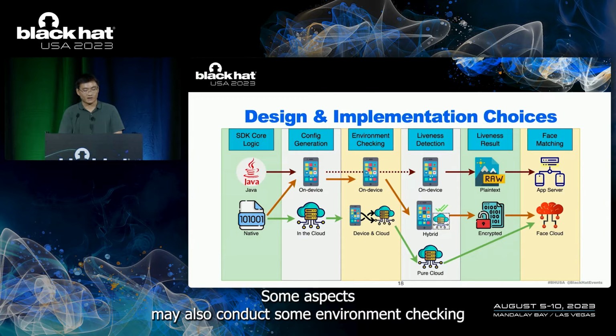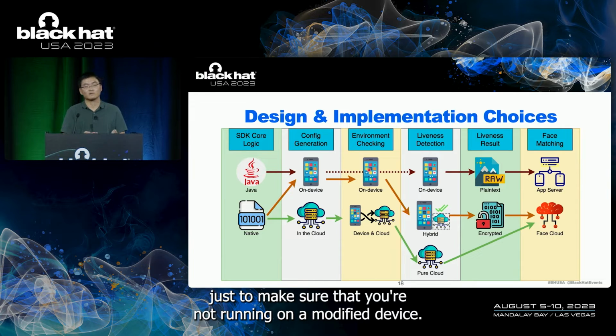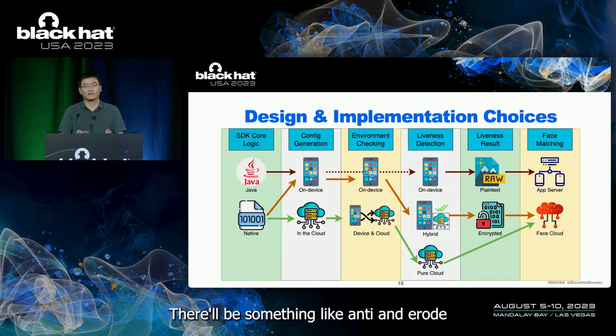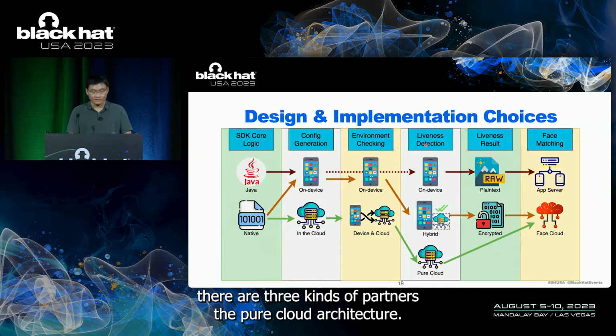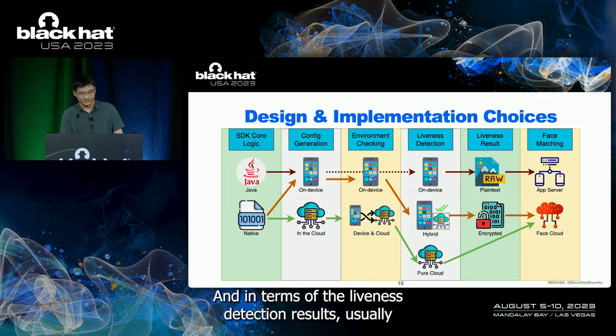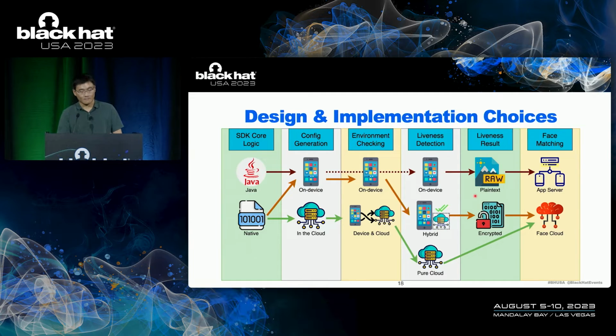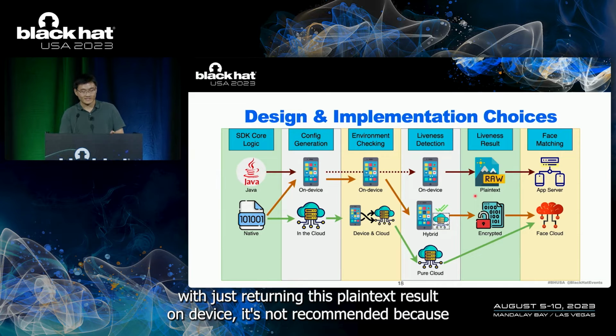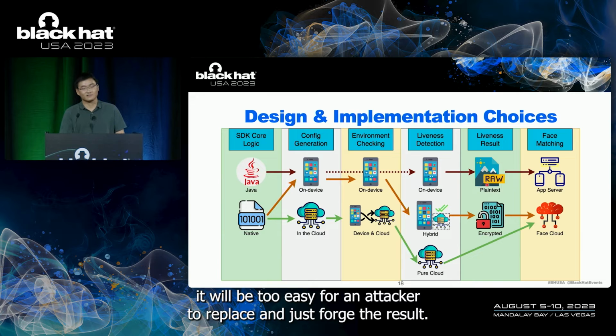Some SDKs may also conduct some environment checks, just to make sure that you're not running on a modified device. There will be something like anti-hooking, anti-root, or anti-debugging. As we've discussed earlier, there are three kinds of liveness. The pure cloud architecture is the most secure. And in terms of the liveness detection result, usually just returning the plain text result on device is not recommended, because it'll be too easy for an attacker to replace and forge the result.